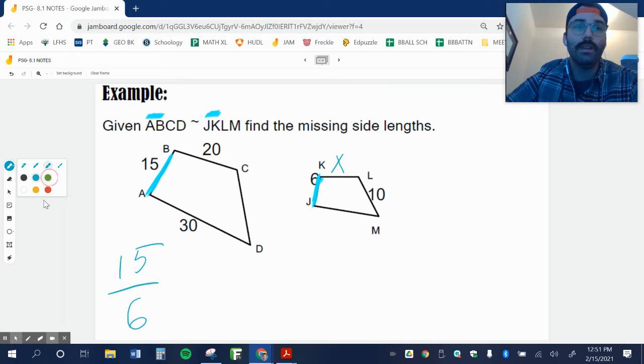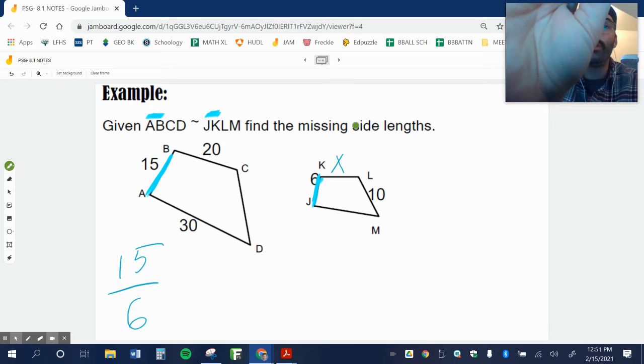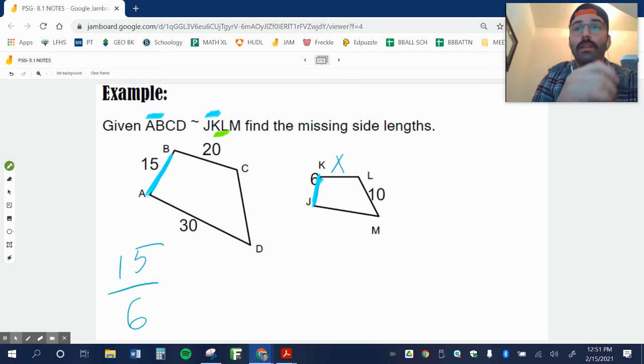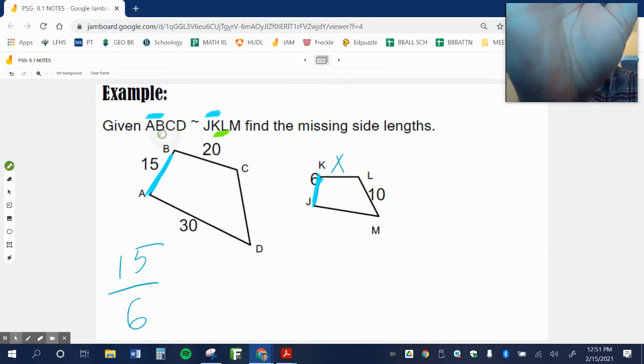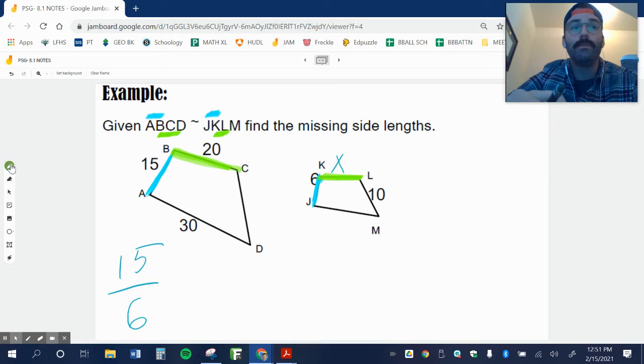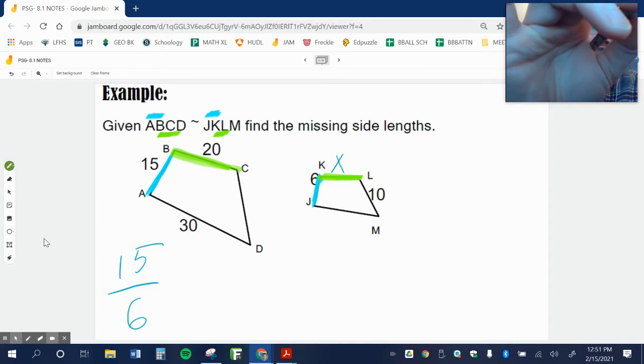The order in which I do that is important. If I want to find X, KL is letters 2 and 3, so BC, which are letters 2 and 3, corresponds with that side. Again, the order in which I write this is important.